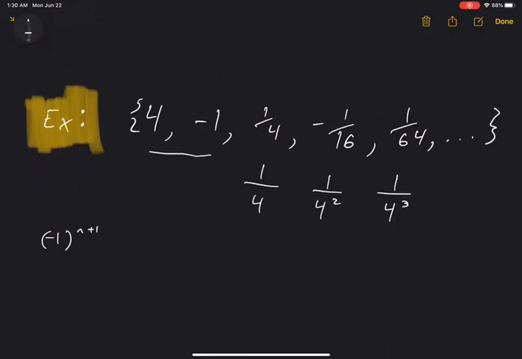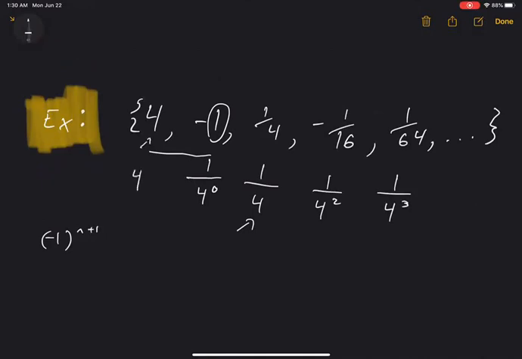All right, how could I think of 1? Remember, we've already taken care of the alternating sign, so ignore the negative sign, and just focus on that 1. How could I write 1 in terms of these powers? Well, 1 I could write as 1/4 to the power 0, right? 4 to the power 0 is just 1, so I'd have 1/1, which is 1. And then what about this 4 here?